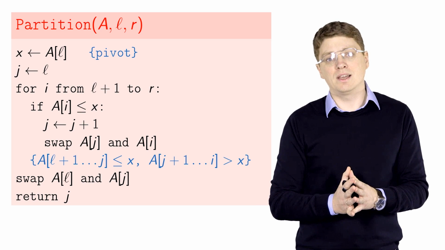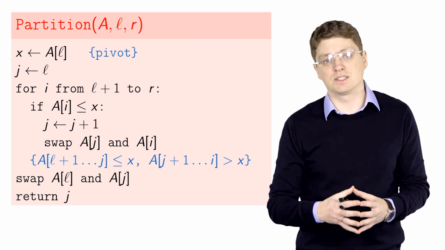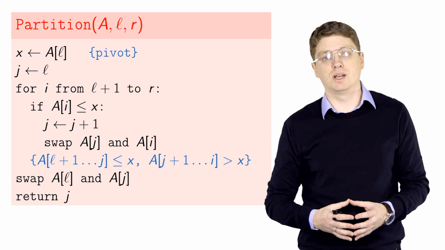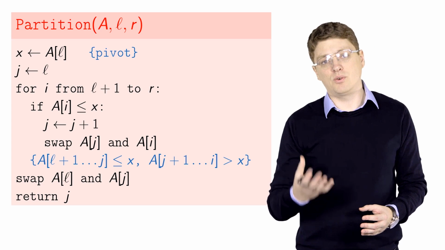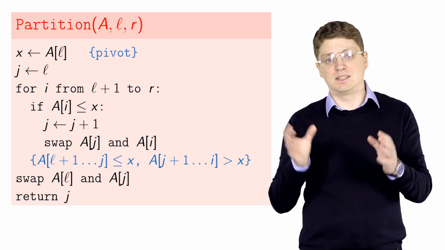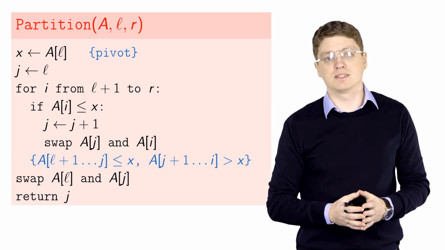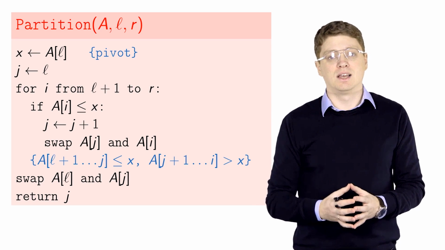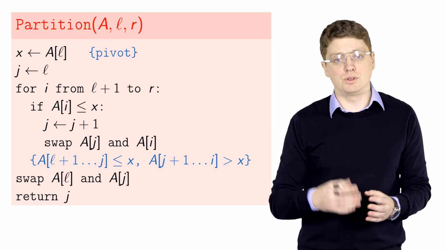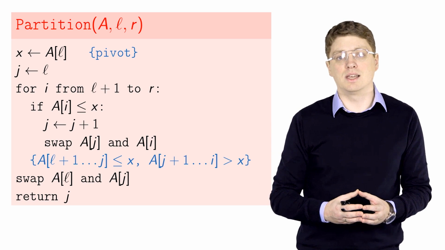So assume that I has just been increased. So we discovered a new element A of I. If A of I is greater than x, then the second region of elements that are greater than x is extended automatically, and we do not need to do anything in this case.